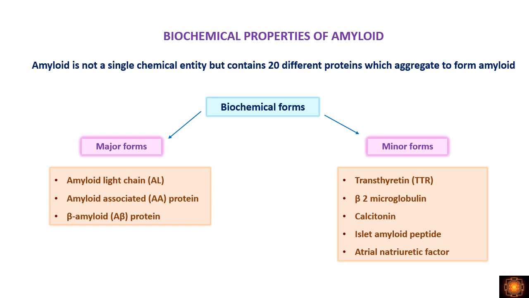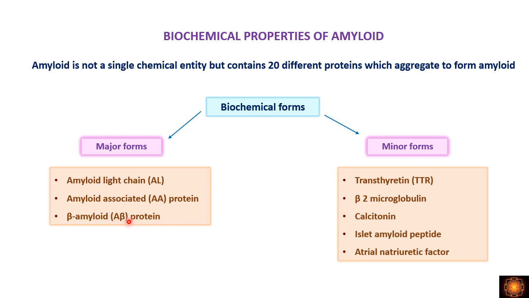Now when we see the biochemical properties of amyloid, we have nearly 20 different proteins, but here we will be discussing only a few important ones. So we have 3 major forms and 5 minor forms. Under the major forms we have amyloid light chain, amyloid associated protein and beta amyloid protein. If you see the terminology, A stands for amyloid, L stands for light chain, and similarly A stands for amyloid, A stands for associated protein, and A for amyloid and beta for beta amyloid protein.